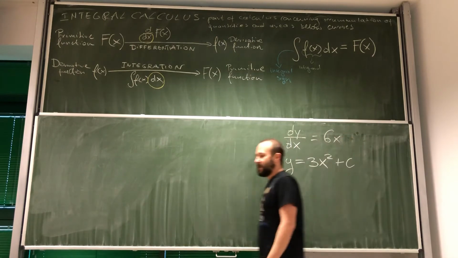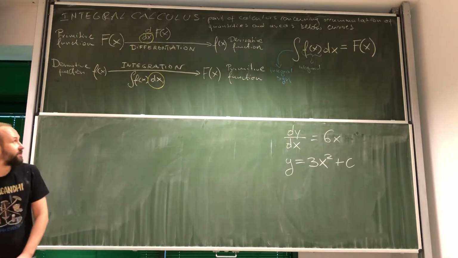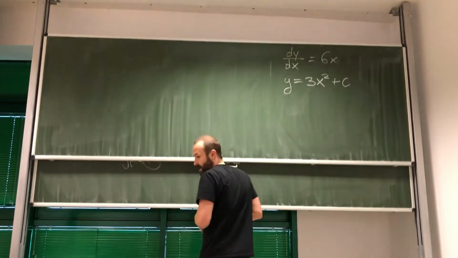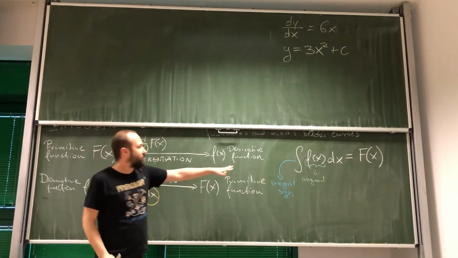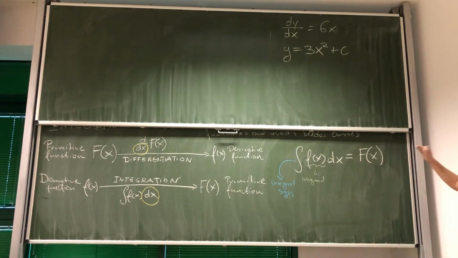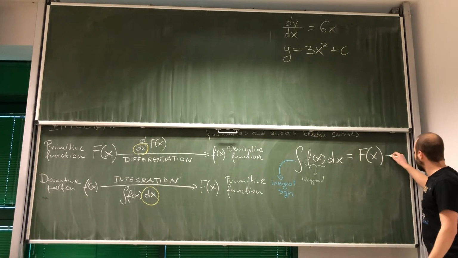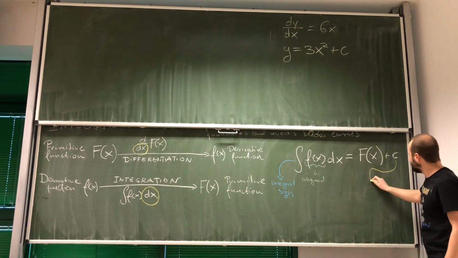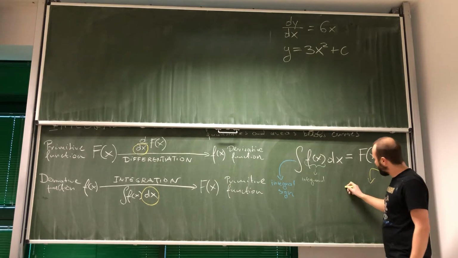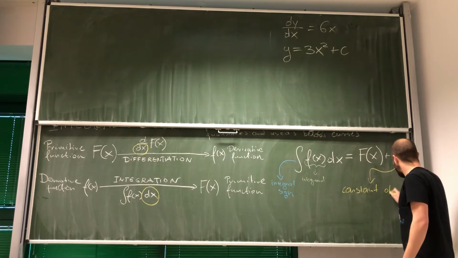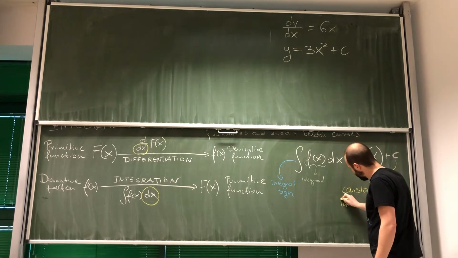And this is the final ingredient that we need to introduce over here. Because every time we integrate, we are obtaining a family of functions that give a given derivative. So we need to finish with plus c, and the c we call the constant of integration.